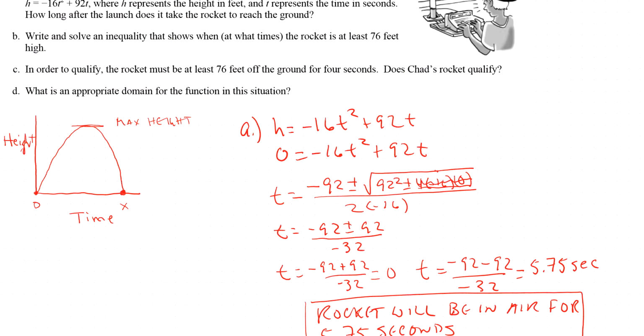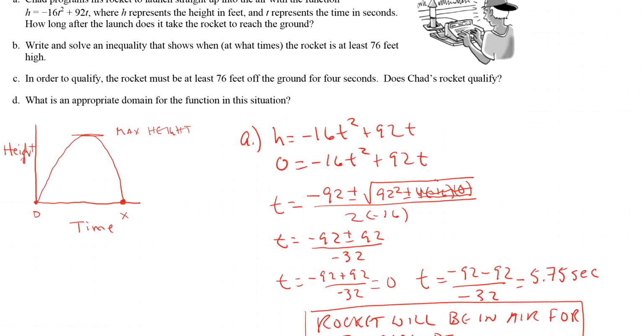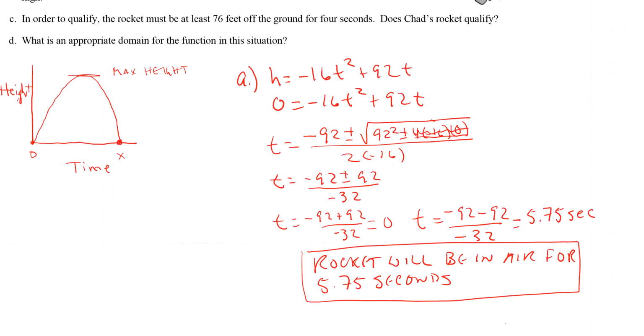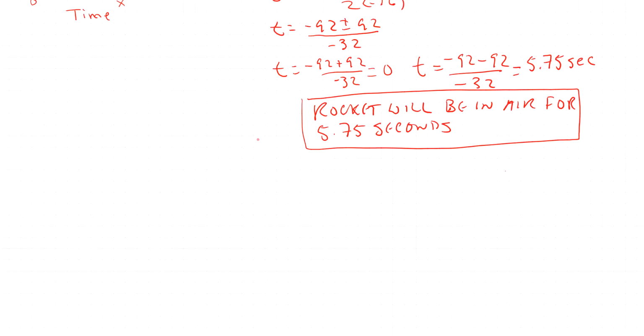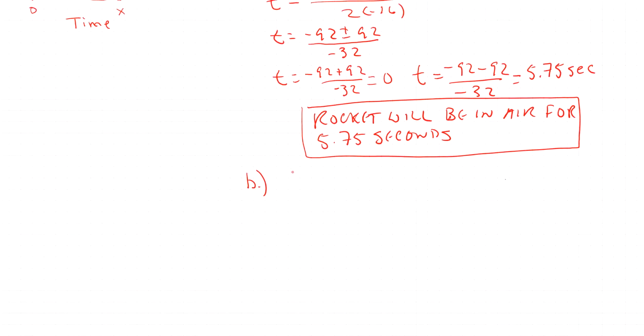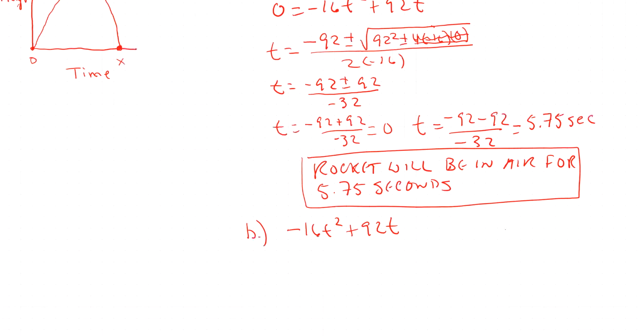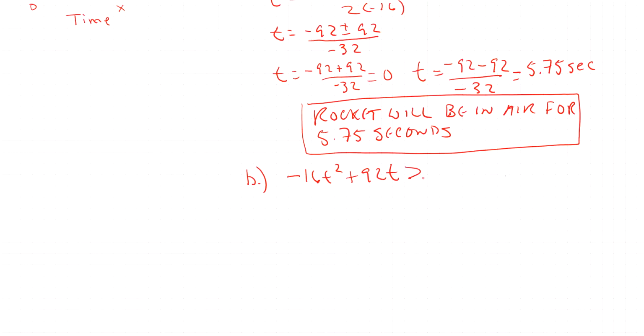Alrighty, so now coming back, they give us another question here. It says, write and solve an inequality that shows when, at what times, the rocket is at least 76 feet high. Okay, so now we're looking at when negative 16t squared plus 92t, let me make sure I got that right, is going to be greater than or equal to 75.